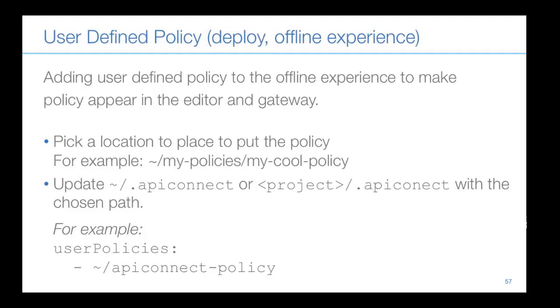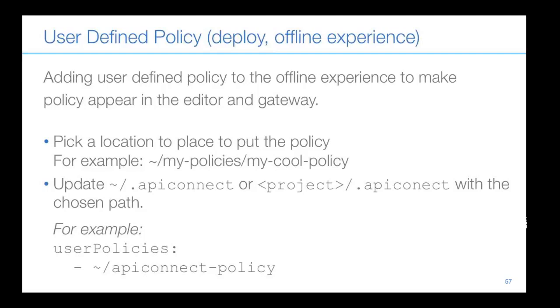If you're doing your typical laptop experience, you would have created a project, and then there's a .apiconnect file in there, and you add the directory that would contain your API Connect policies. And in this case, I've got another inconsistency. I've pointed to an apiconnect policy instead of my policies. So I apologize for the inconsistencies on this slide.